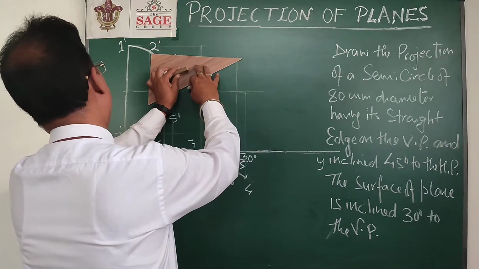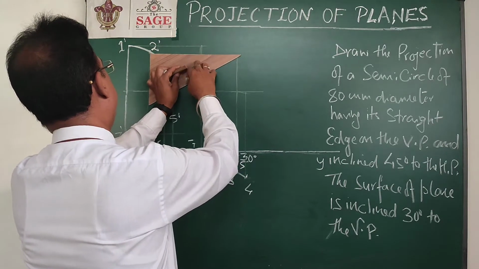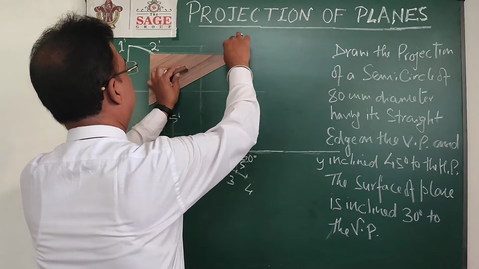I will draw parallel lines from all the points in the front view and bring projectors from the top view upside.